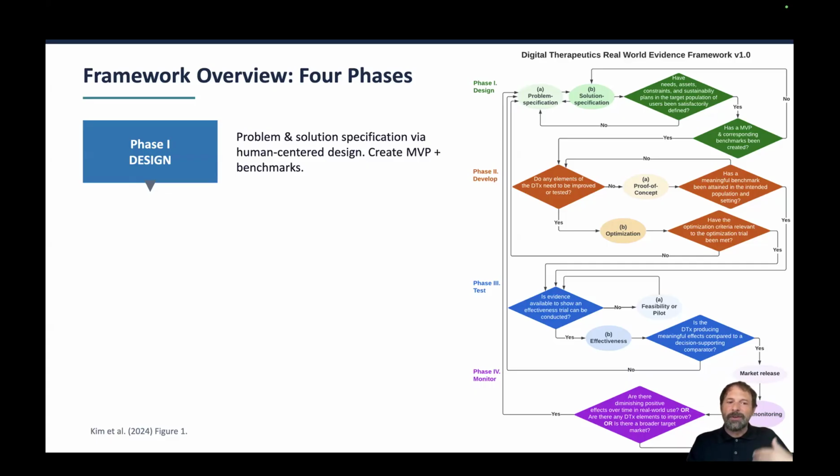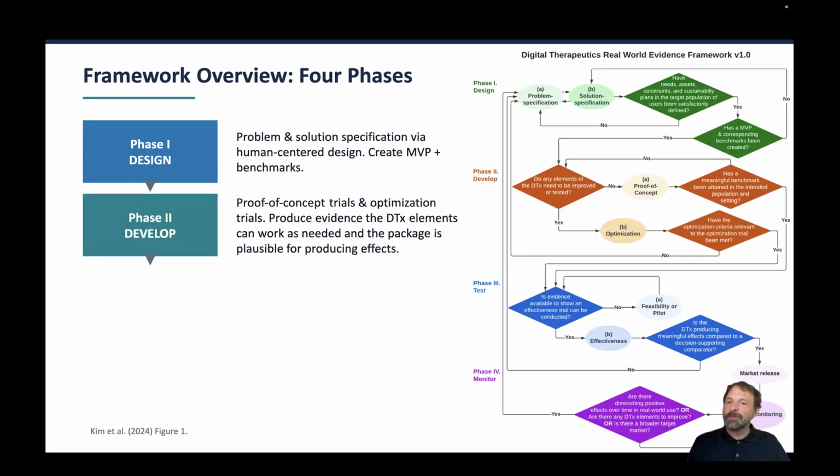When you have that, you can start getting into the development phase. This is where we invite the idea of both proof of concept trials and optimization trials, which we'll get into in more depth, but this is a really big area. The idea is producing evidence to show that the DTx elements are working as needed and the package can plausibly produce meaningful results, using the notion of benchmarking, which is the critical idea of a proof of concept trial.